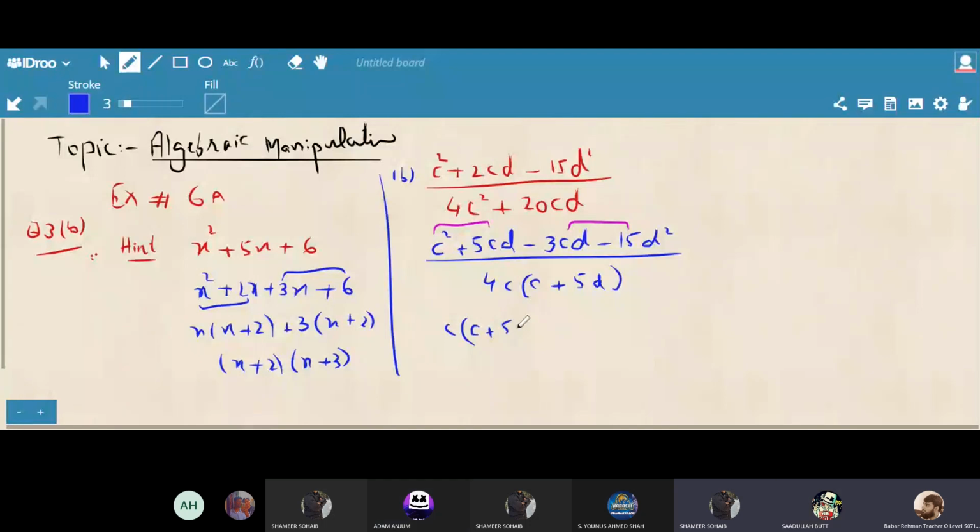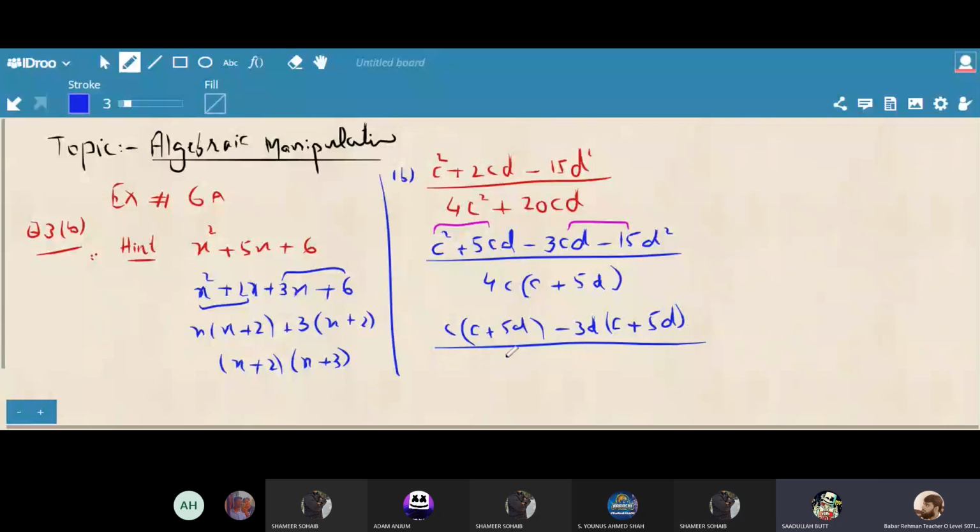Next, the minus sign will remain. d will be common: minus 3d, and c plus 5d will be left. Now the two brackets are the same.